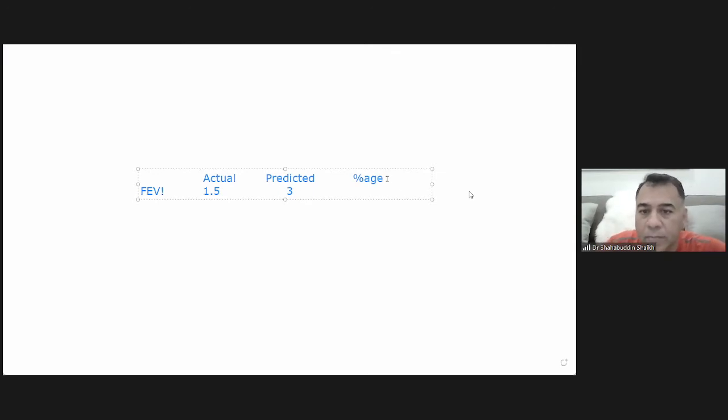Let me write down percentage of predicted. So this will be a typical table. And as somebody just answered, it will be 50%.